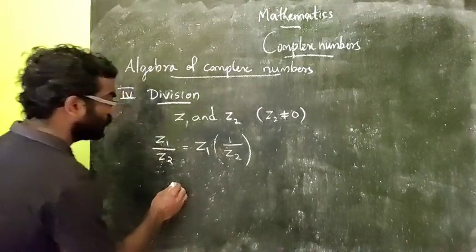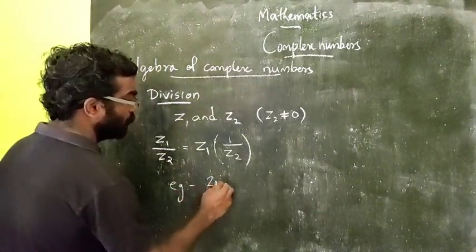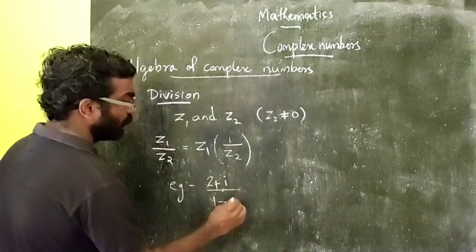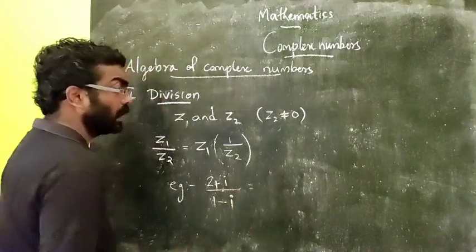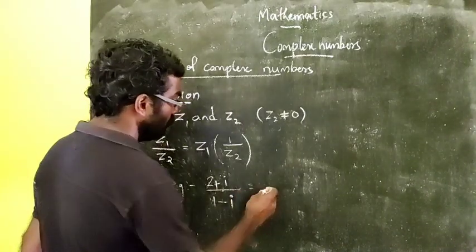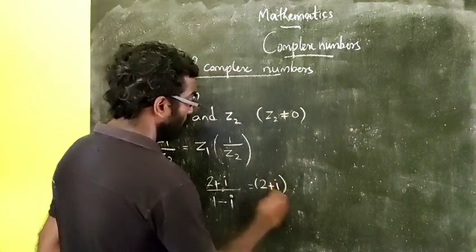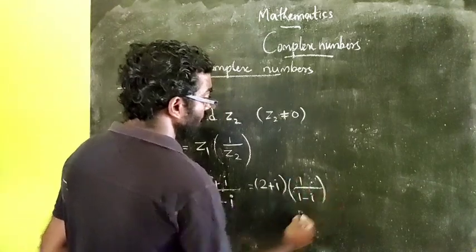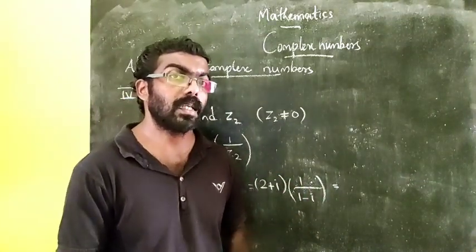Let us take one example. 2 plus I divided by 1 minus I. So here this can be written as (2 plus I) into 1 by (1 minus I). 1 by Z we have a formula. Z inverse equal to what?